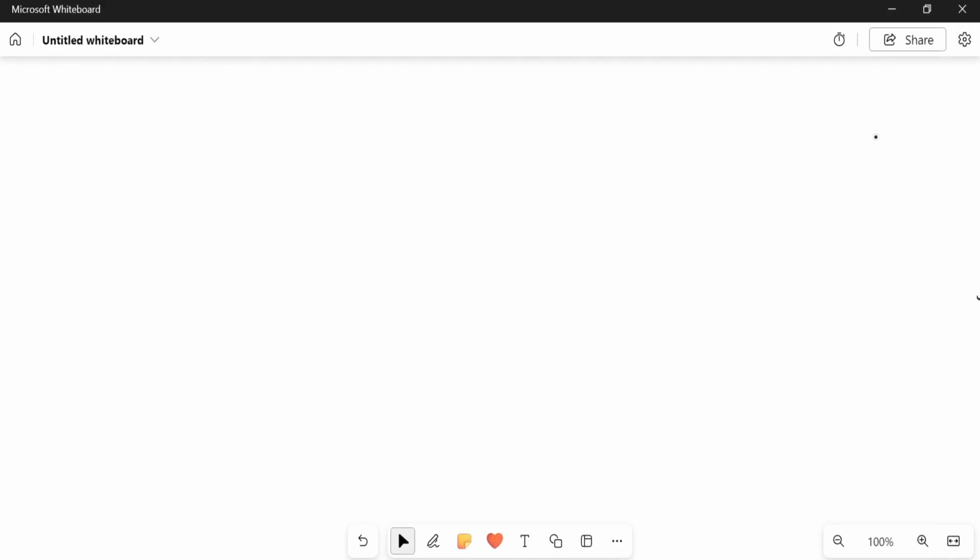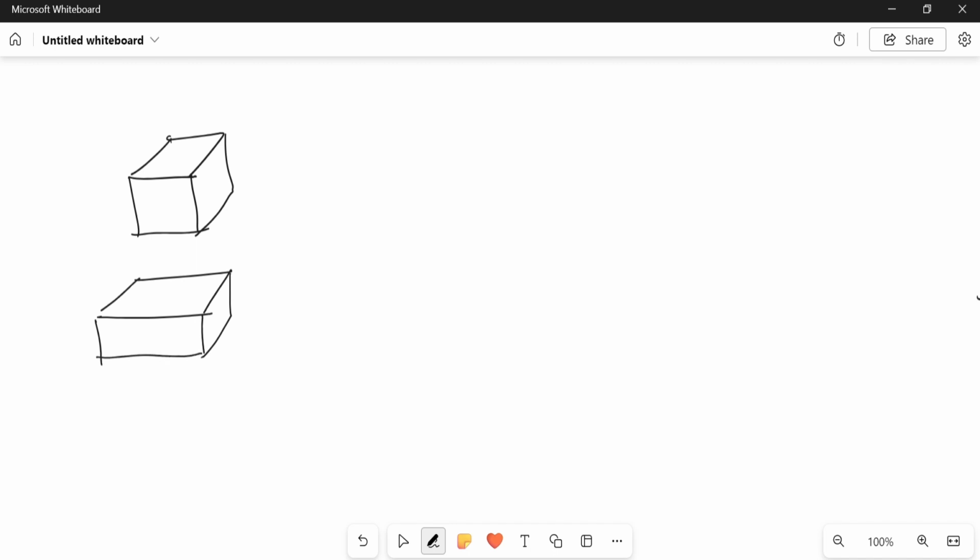Three-dimensional figures in the sense cube. If you look at this, a cube has all faces square. This is called a cube. Cuboid faces are rectangle shaped, and a square base pyramid, and prism.